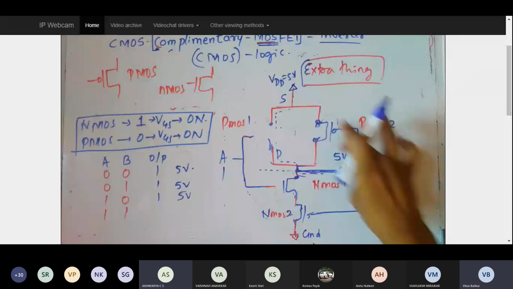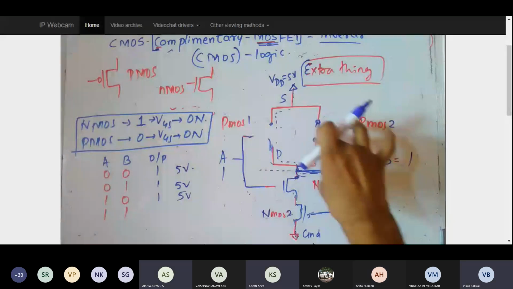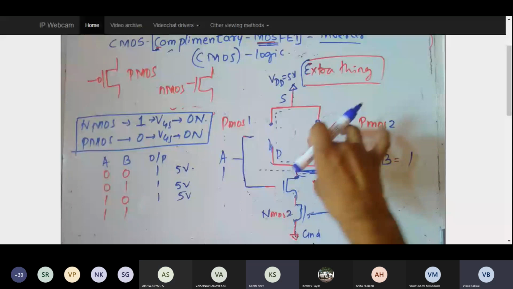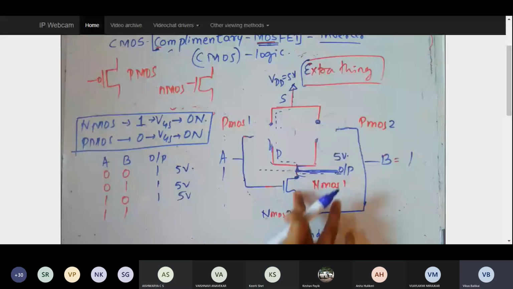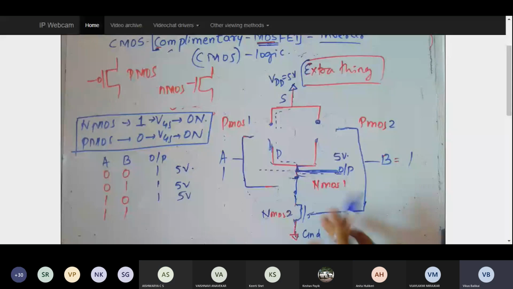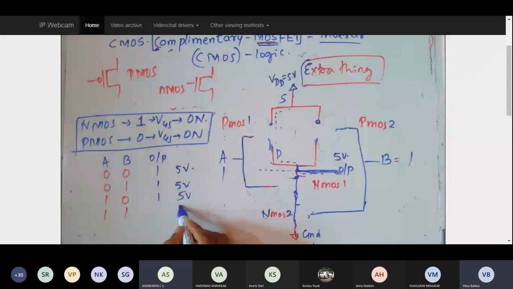No connection. And NMOS 1, what is the status? On. And NMOS 2, what is the status? On. And there is no connection at the upper network. There is an entire connection to the below network. What is the output? 0. Zero. Exactly.